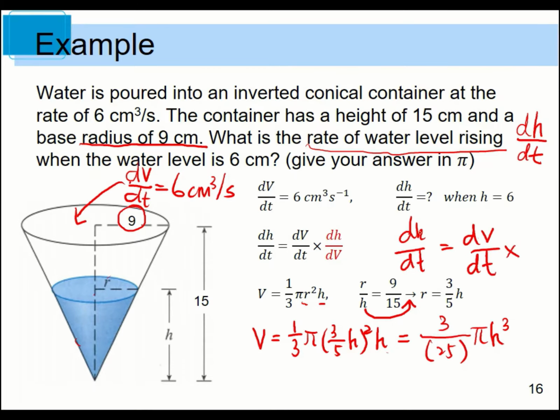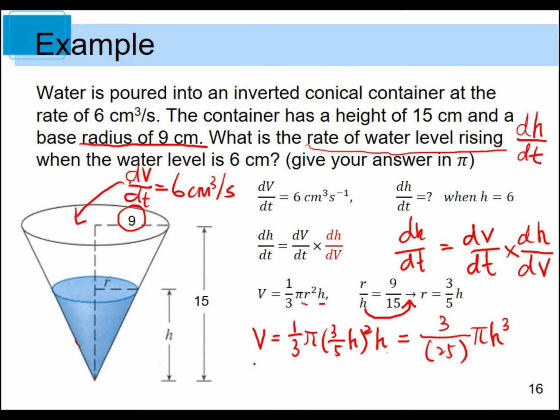So what do we need? We need dh, so we need to have a dh here, and dt is what we need. We do not want the dV, so we are going to divide by dV. So we are going to find dh/dV, which is the inverse of dV/dh.